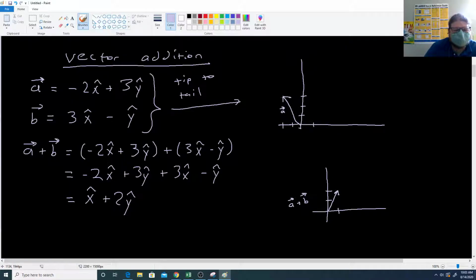So it's 1 unit, 2 units, 3 units to the right, and it comes down 1 unit. So vector A left off there, and vector B kind of traces backwards.